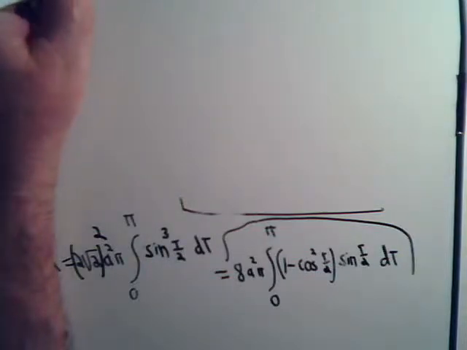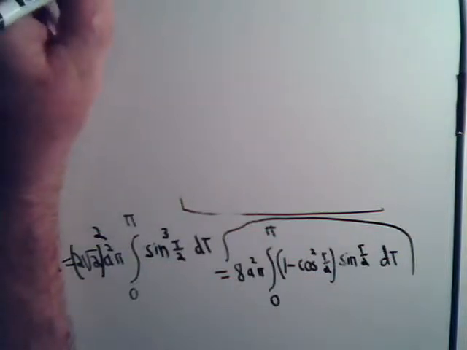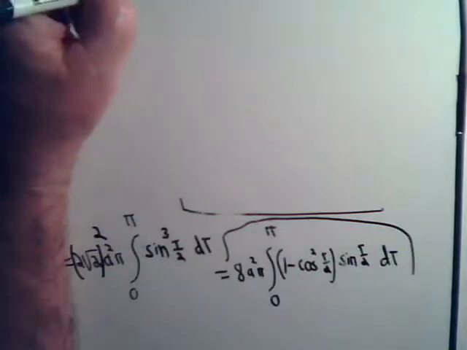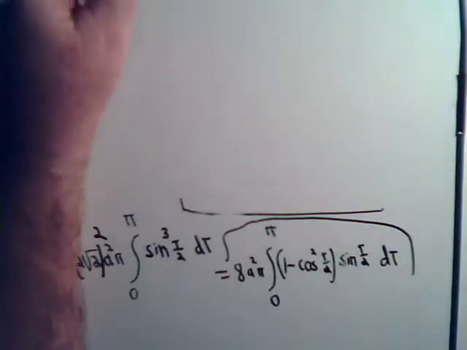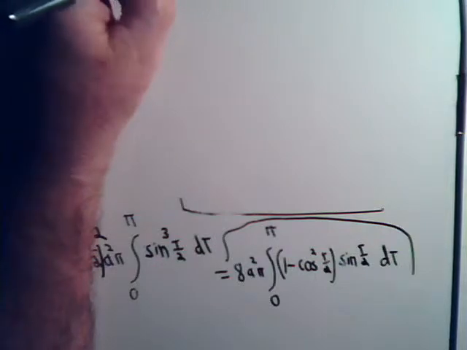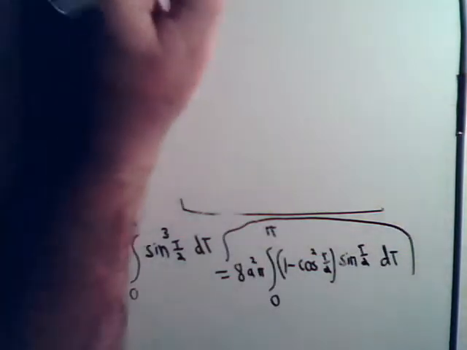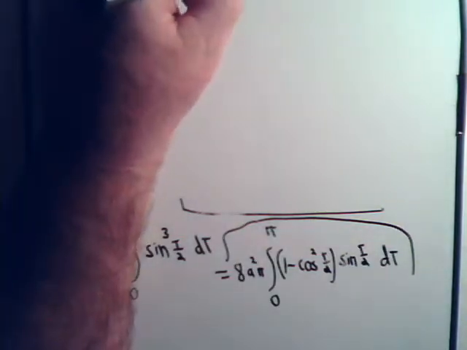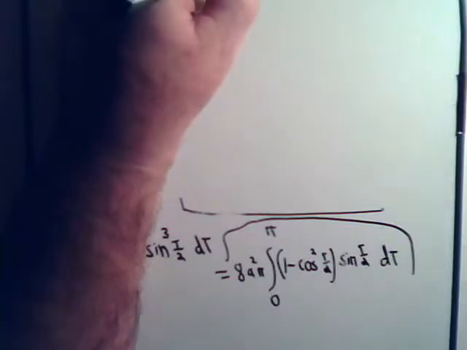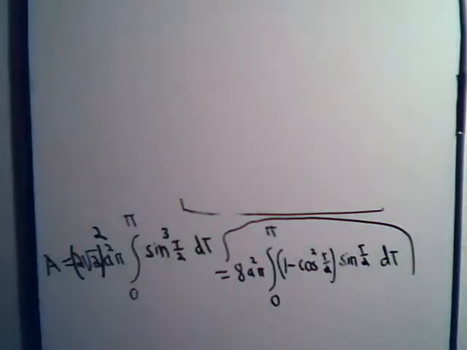Let's see. We have, I'm going to write it up here. Area equals 8 pi a squared integral from 0 to pi of 1 minus cosine squared of t over 2 times the sine of t over 2 dt.